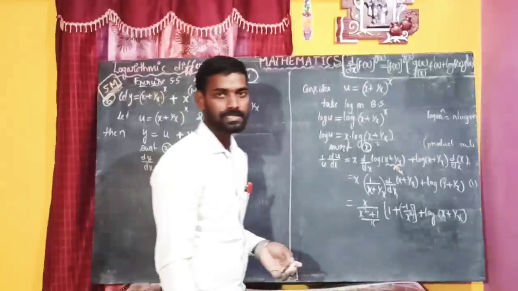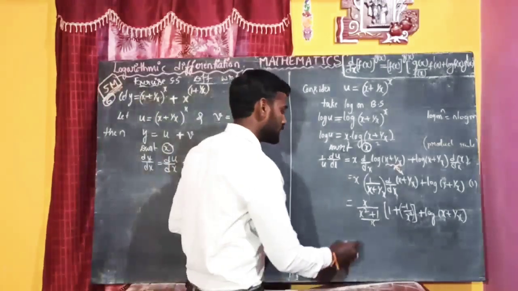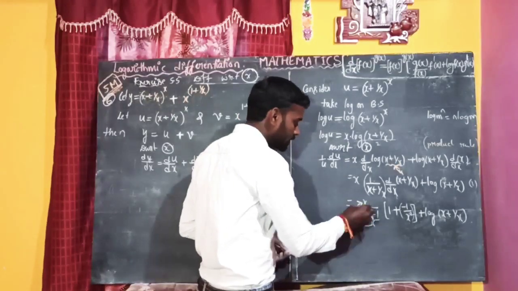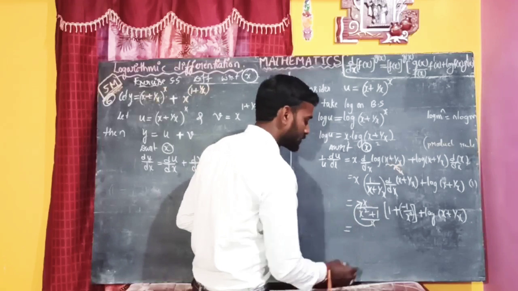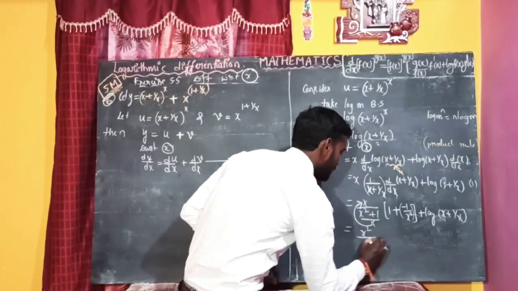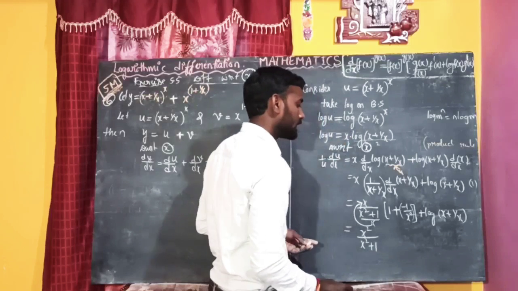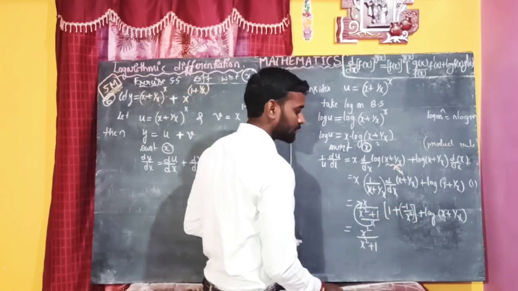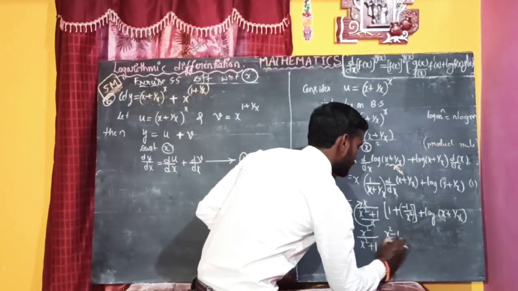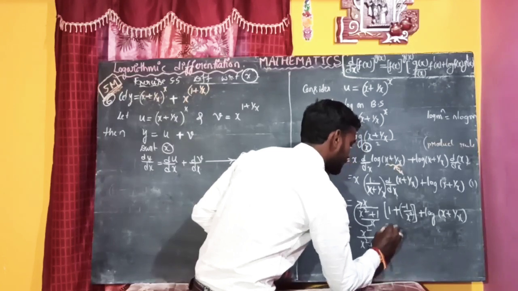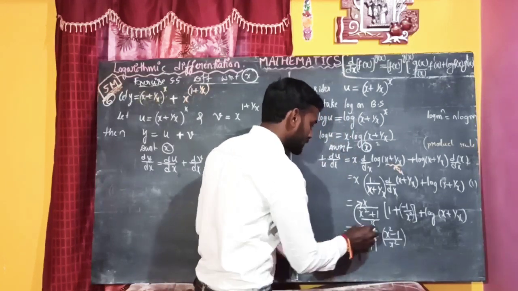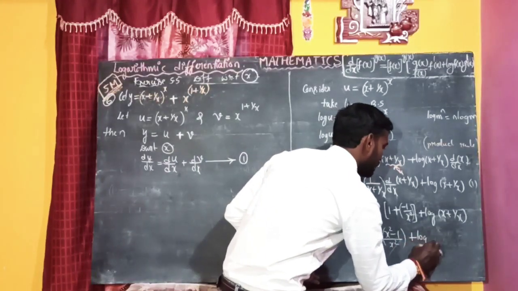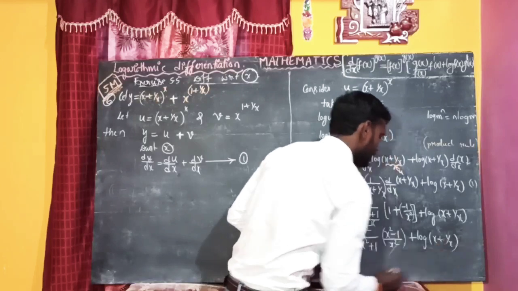Now this is equal to x into the reciprocal of the denominator, so we can shift this x to get x square by x square plus 1, into x square minus 1 by x square, since the LCM is x square. Here this x square gets cancelled. Next plus log of (x plus 1 by x).